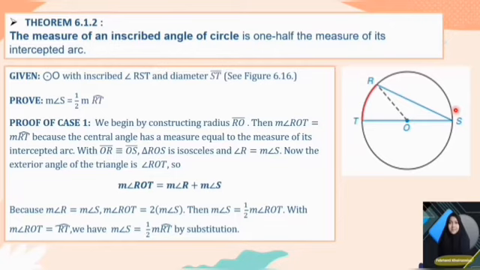Now, the exterior angle of the triangle is angle ROT. So the measure of angle ROT equals the measure of angle R plus the measure of angle S. Because the measure of angle R equals the measure of angle S, the measure of angle ROT equals 2 times the measure of angle S. Then the measure of angle S equals half the measure of angle ROT, with the measure of angle ROT equal to the measure of arc RT.